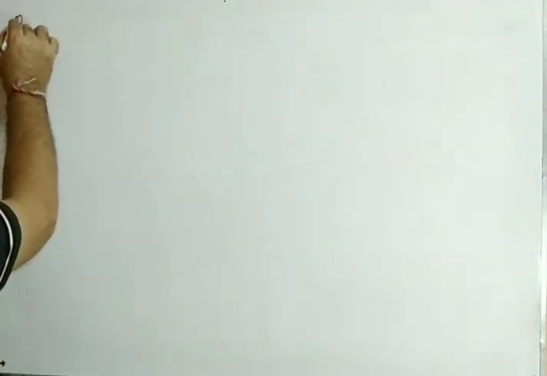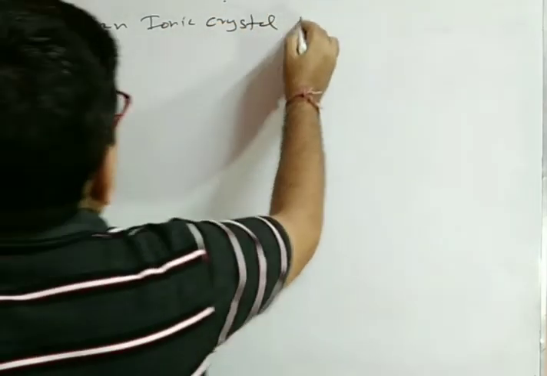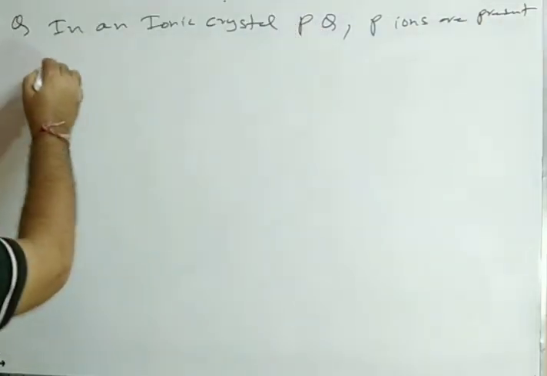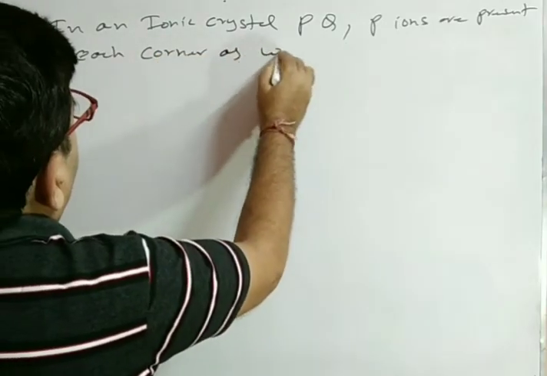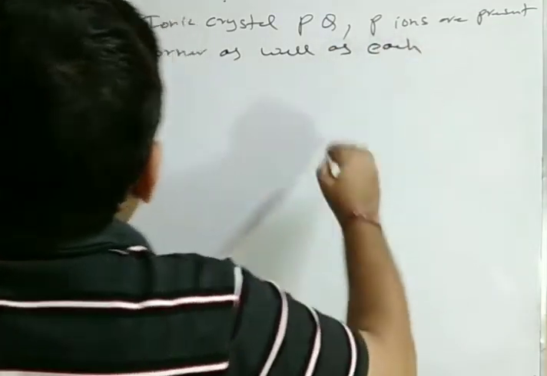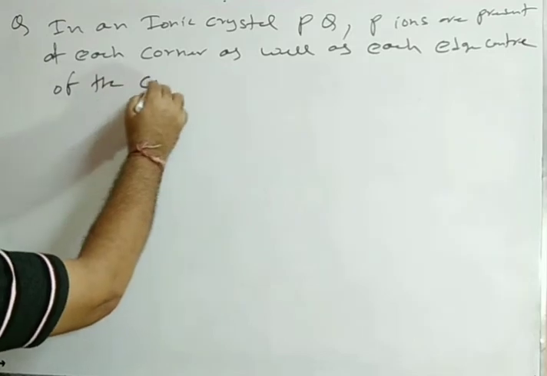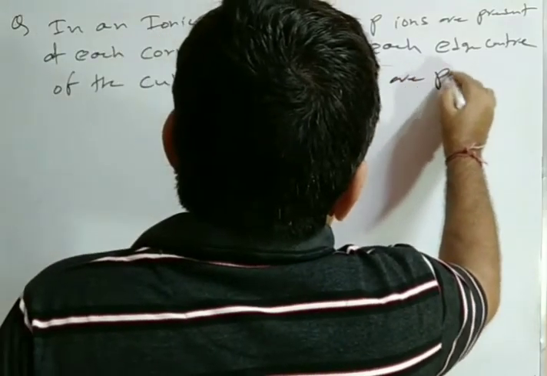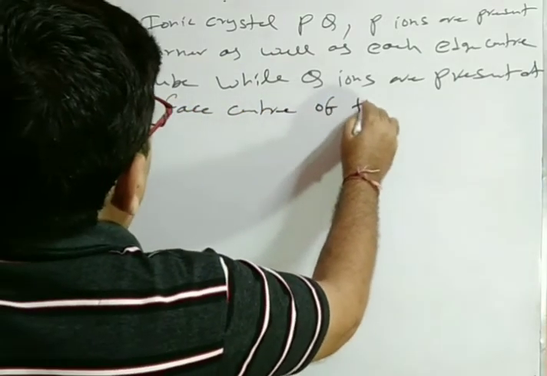Our first problem is: in an ionic crystal PQ, P ions are present at each corner as well as each edge center of the cube, while Q ions are present at each face center of the cube.